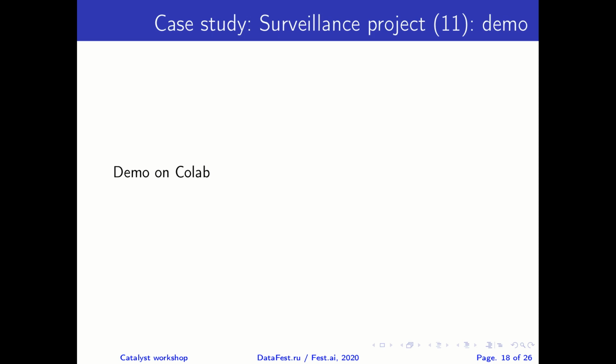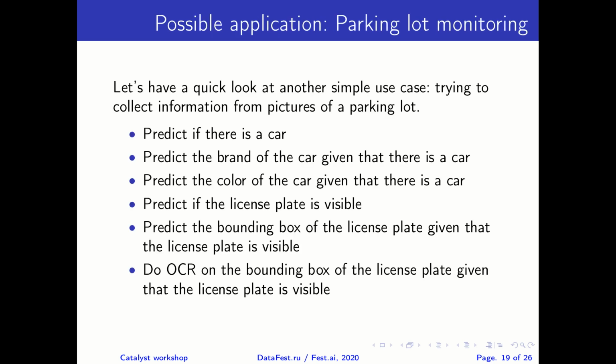Okay, so now that we've checked out the demo and you've understood how the task flow works, what's the idea of the abstraction, what are some possible applications? For example, if you're monitoring a parking lot, and for example you're trying to identify a particular car or something, first you have to predict if there is a car, then you have to predict the brand of the car, given that there is a car.